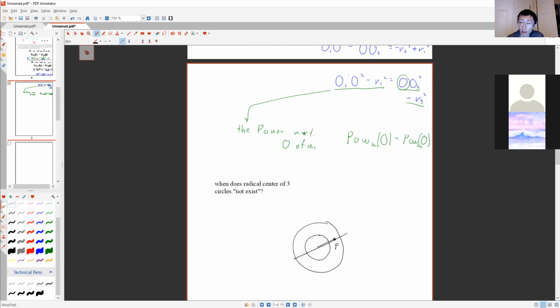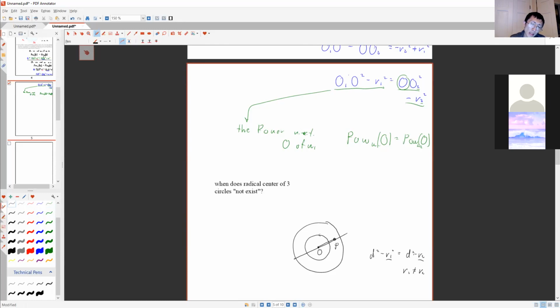So the expression is like d squared minus r1 squared equals d squared minus r2 squared. Since they share the same center, because we said they're concentric circles, and since they're distinct circles, r1 doesn't equal r2. So these two can never be the same if they're concentric.